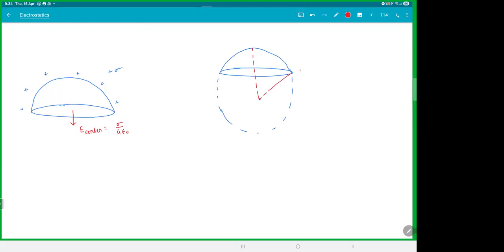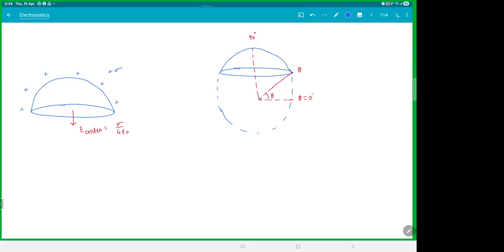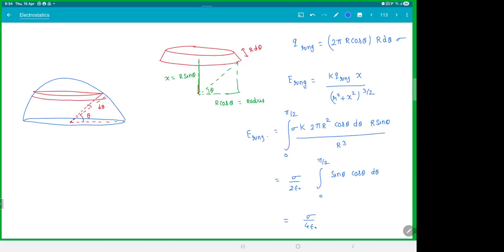Let's say this is theta, and this will be 90 degrees. Here theta is 0. Then when you integrate the same stuff, the limits would change from theta to 90.